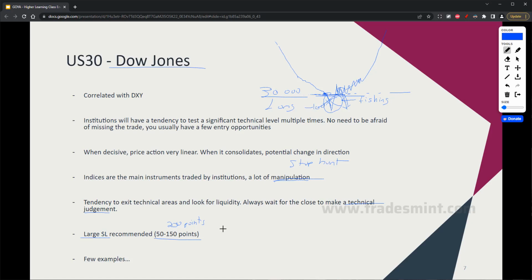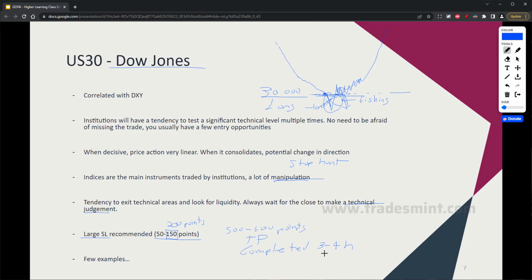You can risk, let's say, 150 points for a 500 to 600 point take profit, and have it completed in the same trading session, in maybe 3-4 hours.